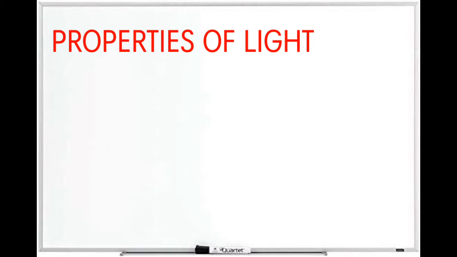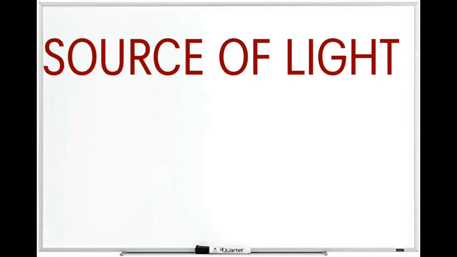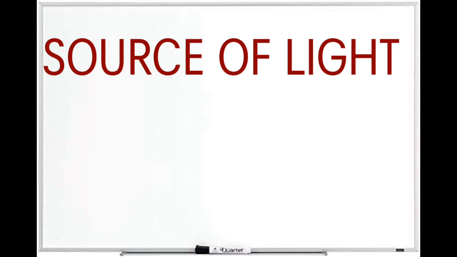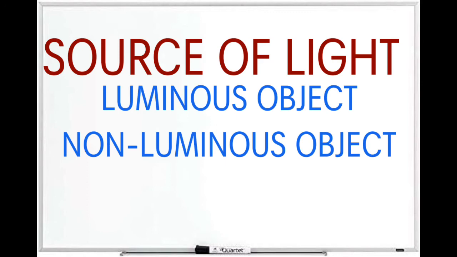So now the source of light. Anything that gives us light is called a source of light. There can be different sources of light. There are basically two kinds. The first is luminous objects.